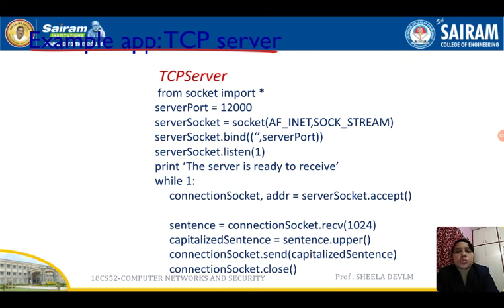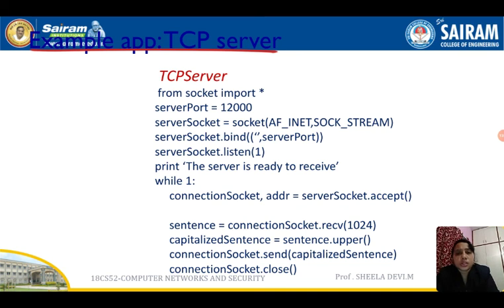Then server socket dot bind of empty string comma server port. So in this code, what should be represented is 12,000. So it is binding the port with the port number, that is, 12,000 is bound to the server port. Then the next line, server socket dot listen. So what is server socket dot listen?